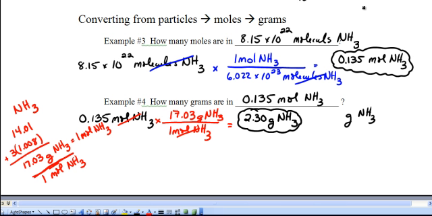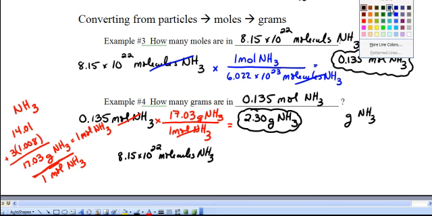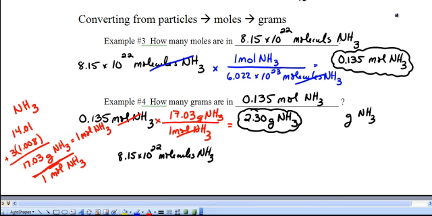Now, just like before, you could have done this all in one step. Starting with the 8.15 times 10 to the 22nd molecules of NH3, the first step, of course, is to change it into moles.